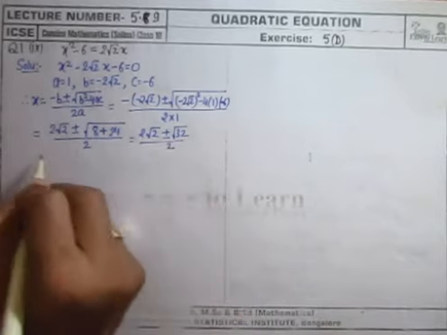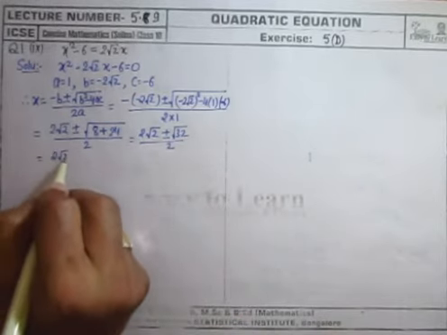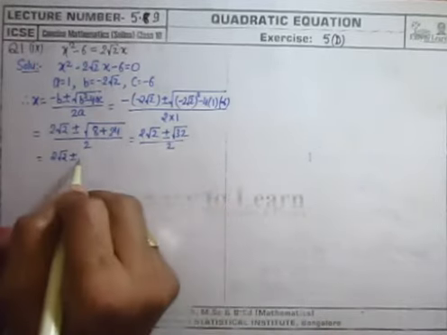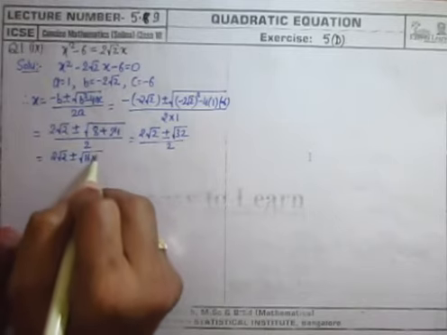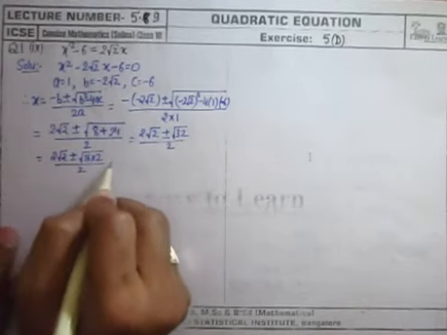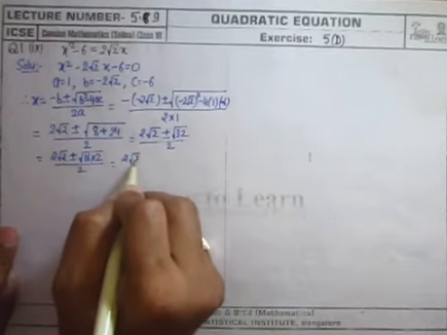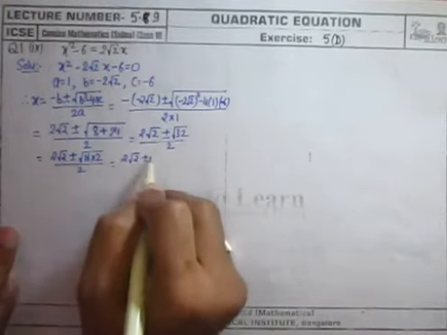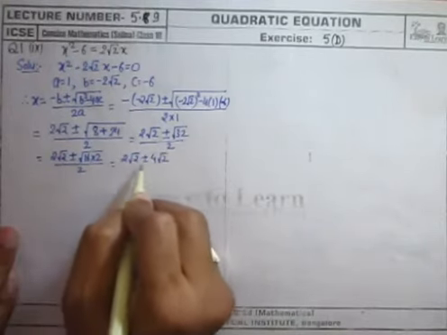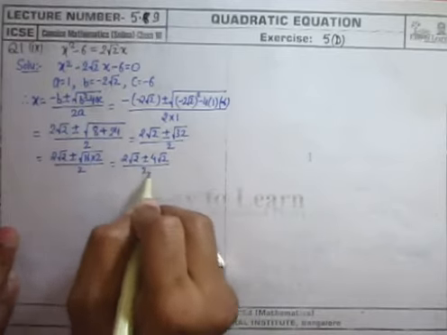So 2 root 2 plus minus, and root 32 can be written as 16 into 2, by 2. So 2 root 2 plus minus, and square root of 16 is 4 root 2, by 2.